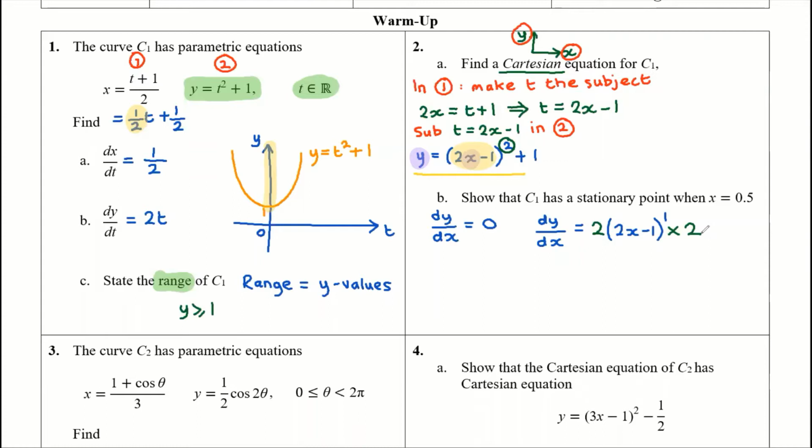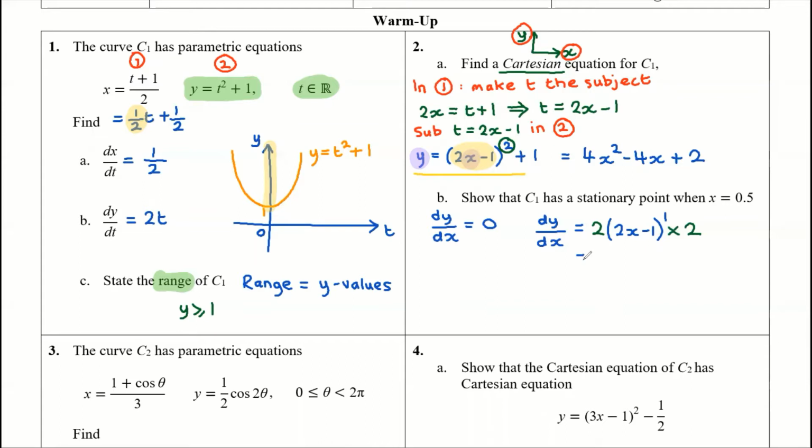Now, if that's not something you're keen on doing, or you didn't follow that, if you expand the whole thing, you're going to get 4x squared subtract 4x, plus 1, and then plus another one, so that's going to be plus 2. And if you differentiate that, you're going to get hopefully the same thing.